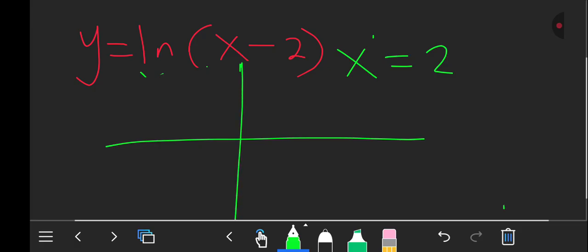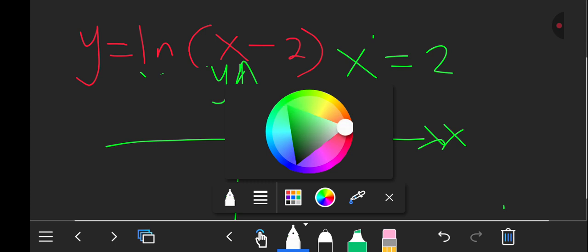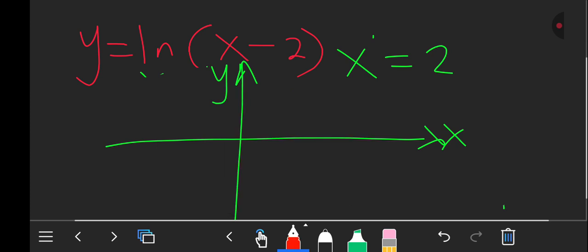This is the y-axis and that is the x-axis. Now the asymptote has been shifted slightly. It has been shifted to the right since this x is positive.